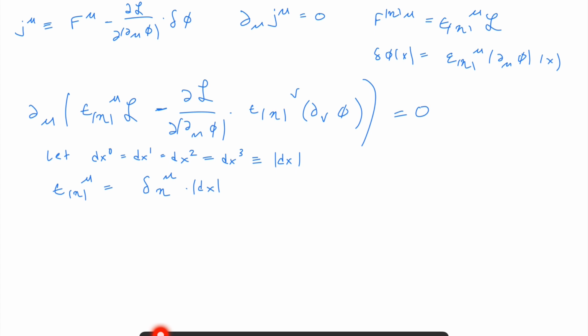Now that means I can rewrite this epsilon function, which, remember, depending on what eta was, was a small dx part in either 0, 1, 2, or 3. I can rewrite that as a delta function here, like this: delta of mu sub eta times dx. This is the actual quantity.